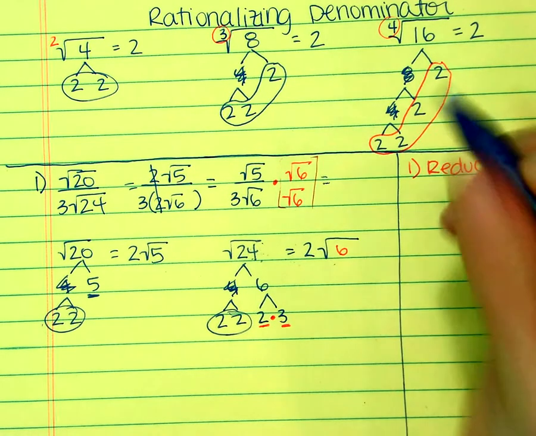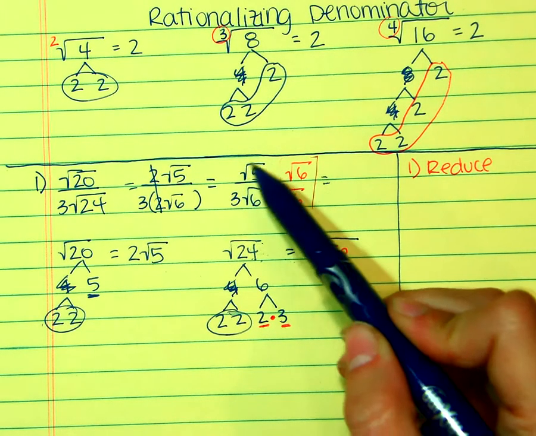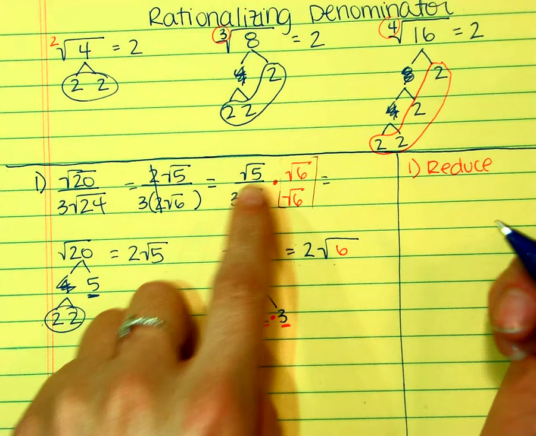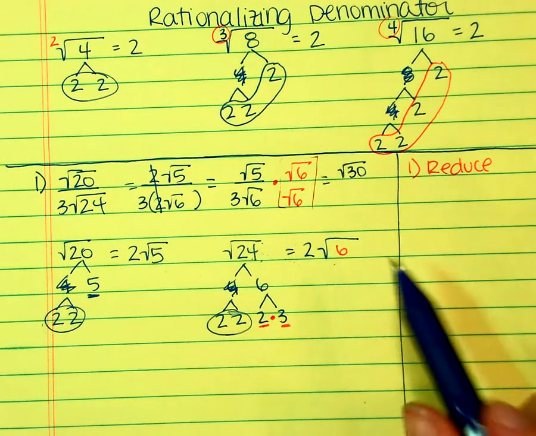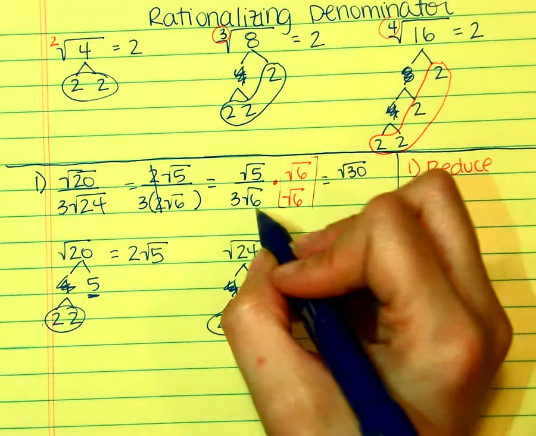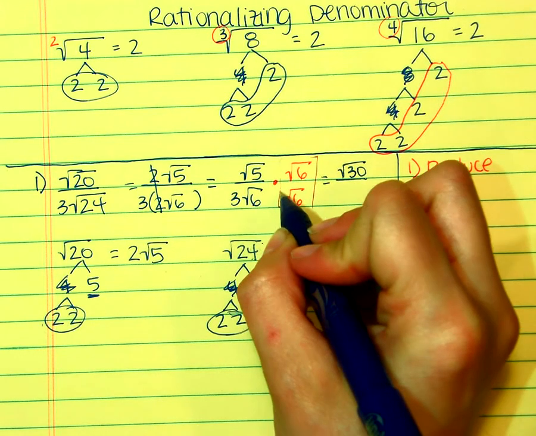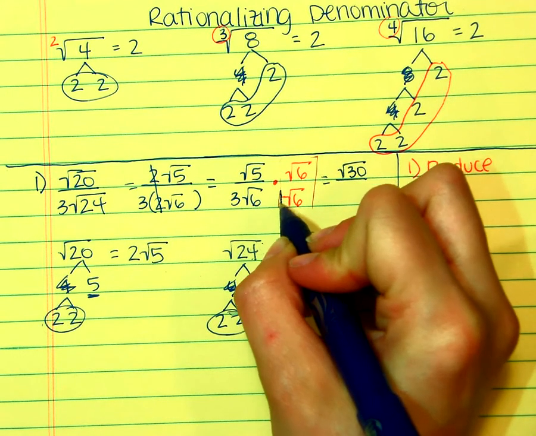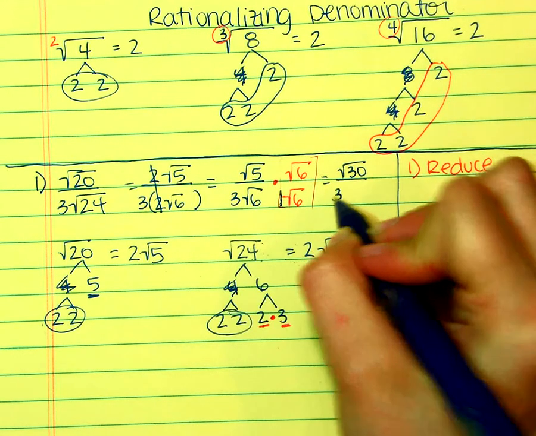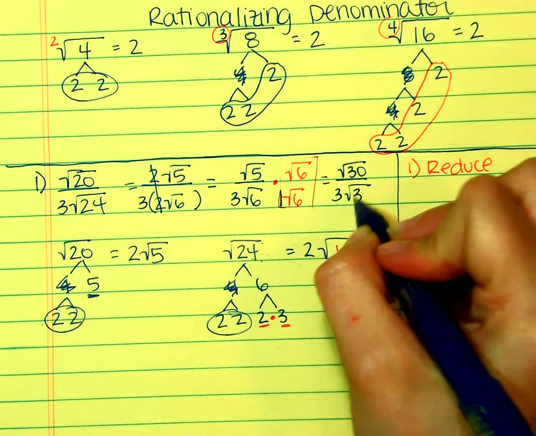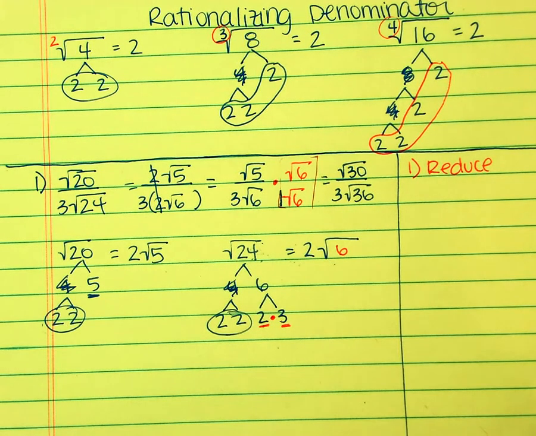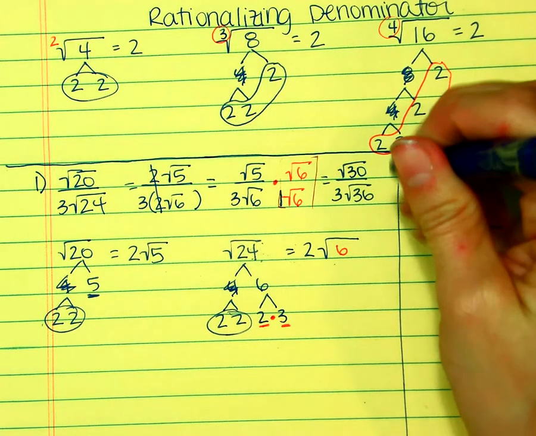Now, anything inside our radical, we can multiply. So 5 times 6 is 30. That cannot reduce. Anything on the outside, we're going to multiply. There's technically a 1 here. So 3 times 1 is 3. 6 times 6 is 36.